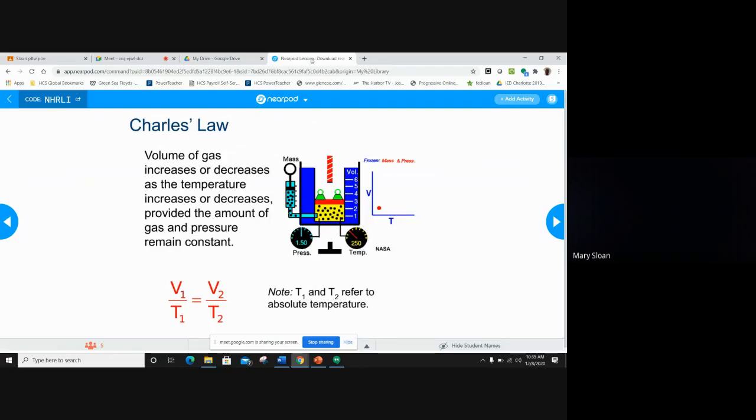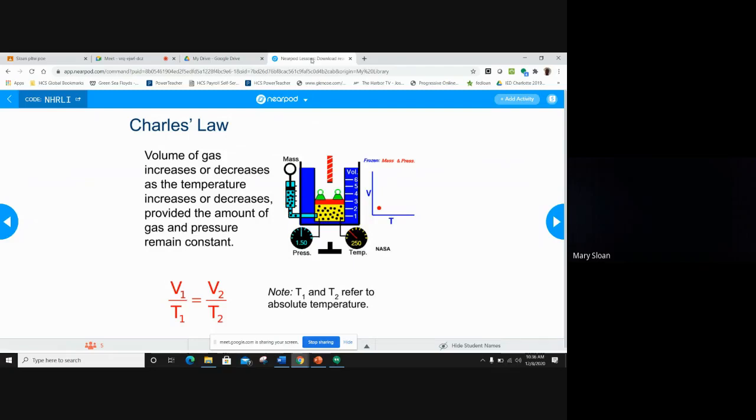If you make this equation linear, it will help you solve for the unknown. To make it linear, you're doing crisscross. So that's V1 T2 equals V2 T1. Write that out. Once you make it linear, you can get the unknown by itself.